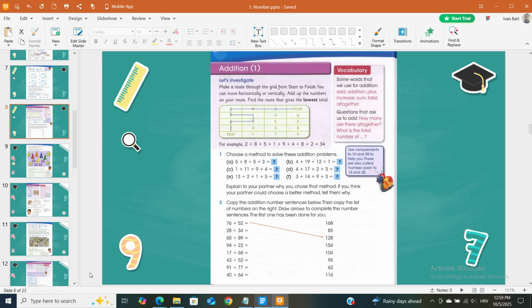2. Copy the addition number sentences below. Then copy the list of numbers on the right. Draw arrows to complete the number sentences.